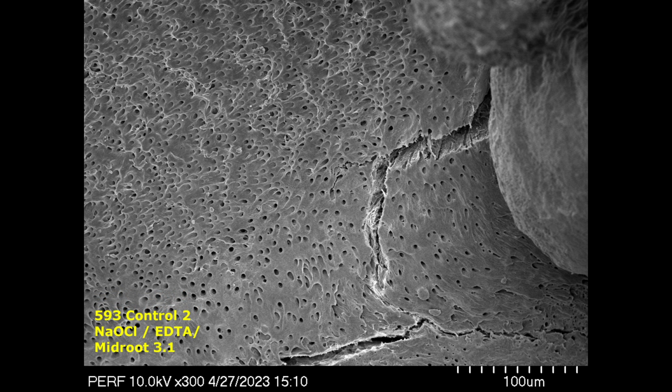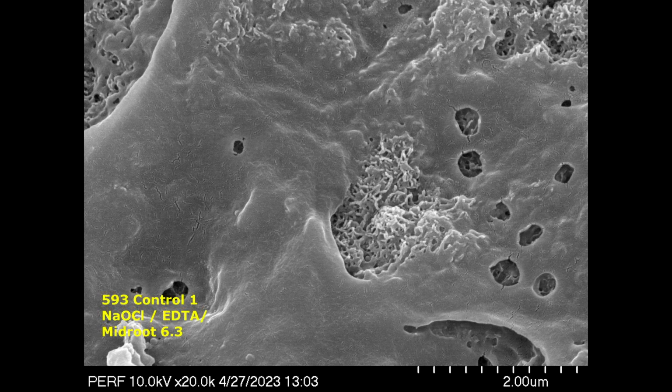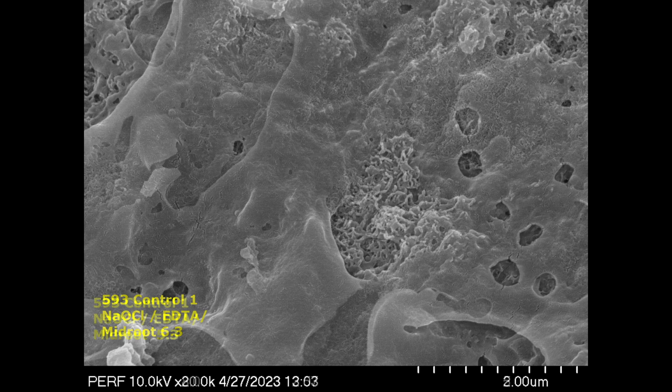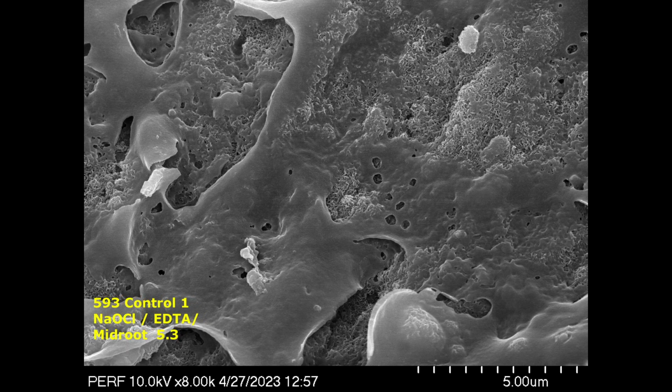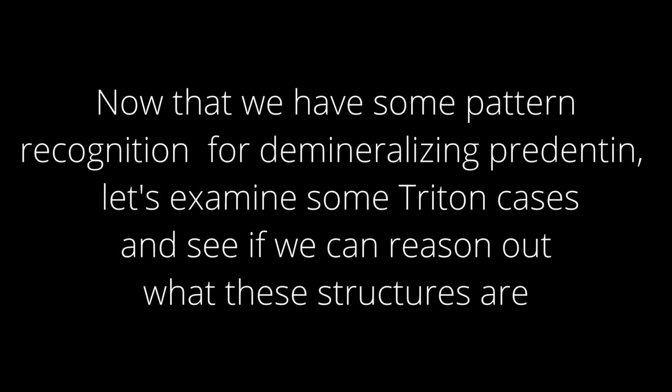So a lot of this is dependent upon what the mineralization front looks like, what the predentin looks like with these different solutions. Here you can see the partial demineralization, the collagen substructure of the mineralization front. And now you have a sense of what predentin can look like.